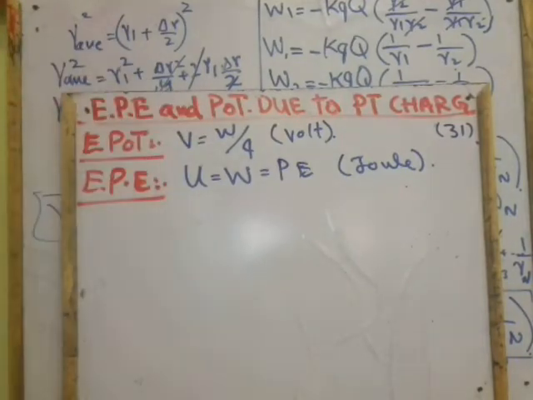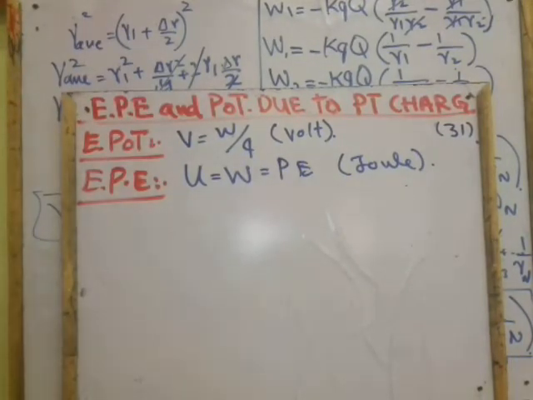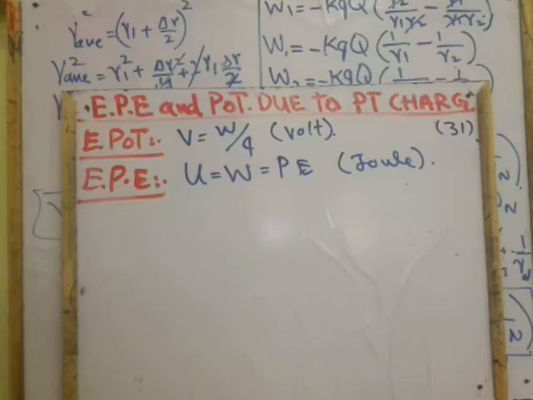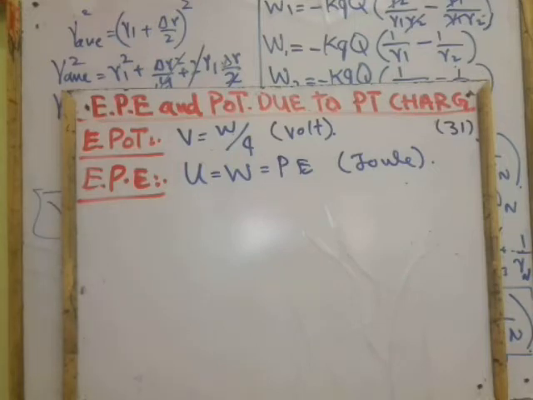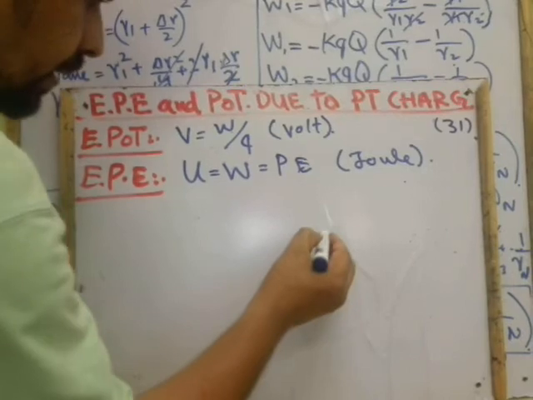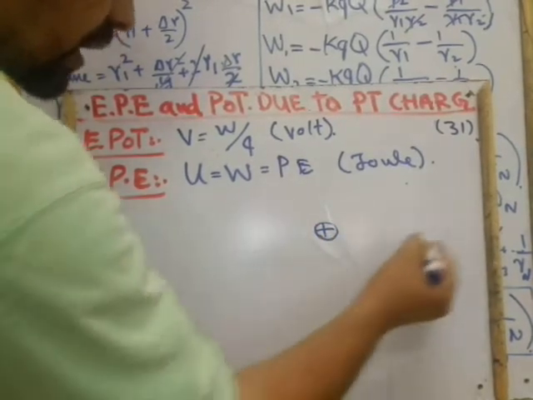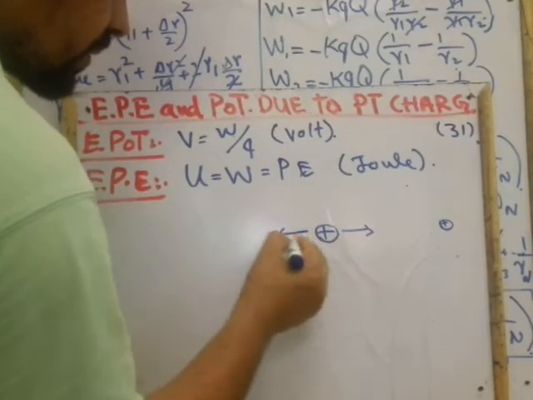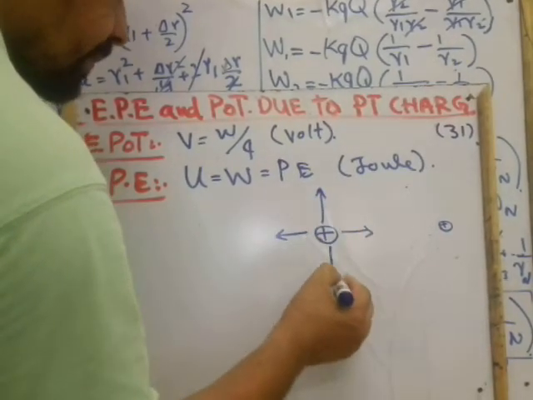This topic is very similar to the topic which we had already discussed in class 9th, the conversion of kinetic energy into potential energy and potential energy into electrical energy. Before starting the derivation, let me remind you that this is the source charge and this is a test charge.